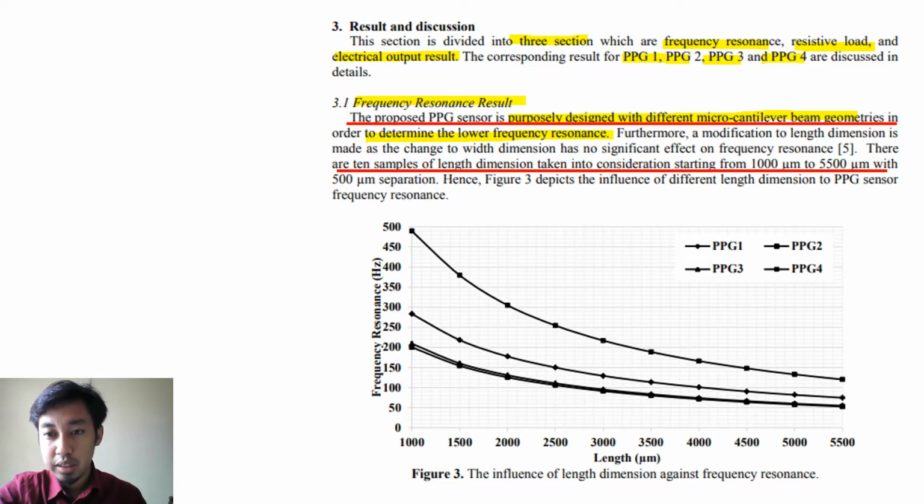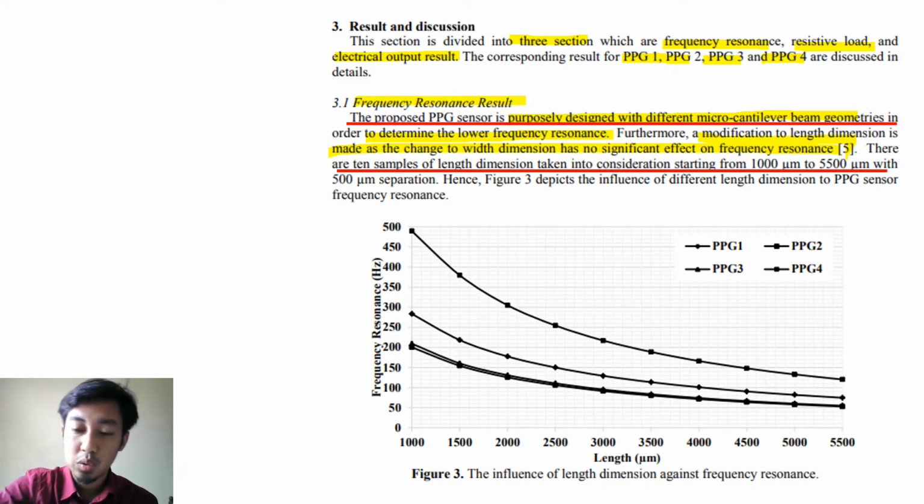Furthermore, a modification of the length dimension is made. A change to the width dimension has no significant effect on the frequency resonance. So according to this, changing the width dimension is not significant to the resonant frequency.